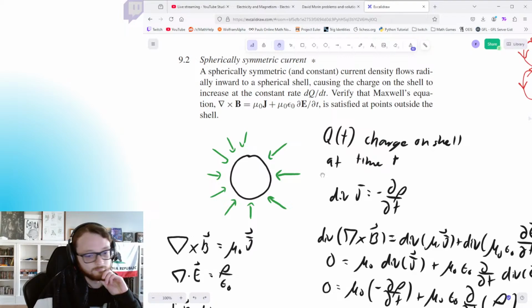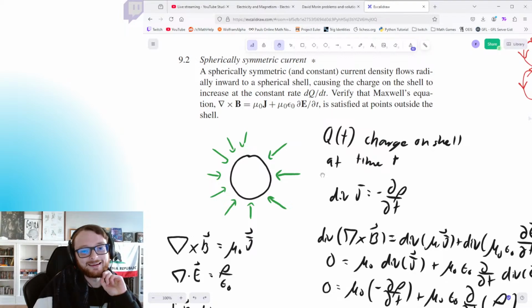Mm-hmm. I'm thinking of it as going out against the green arrows that you drew. Yeah, I don't know where I'm going with that. I'm just trying to see why B would be 0. But it probably isn't. I'm probably wrong.